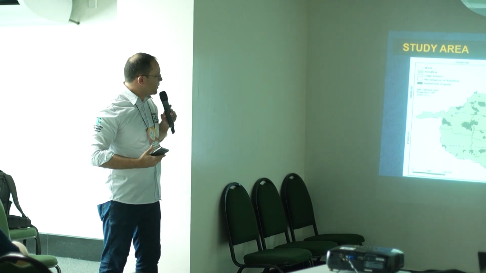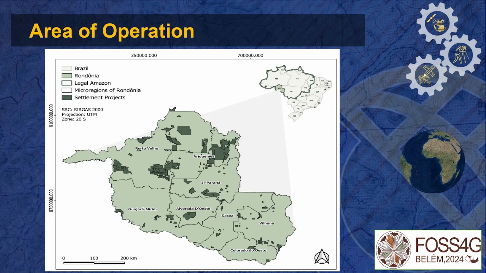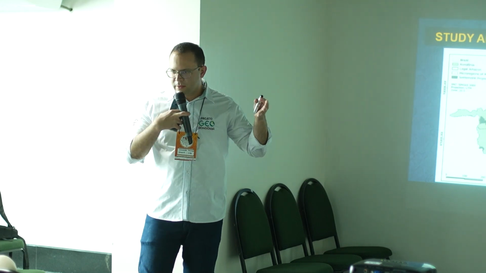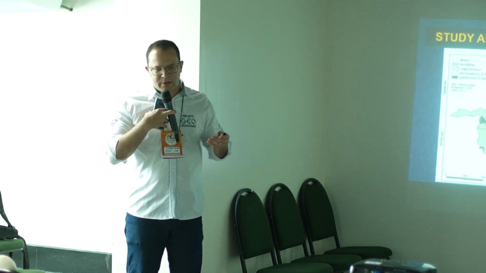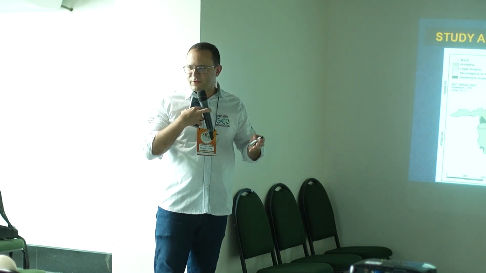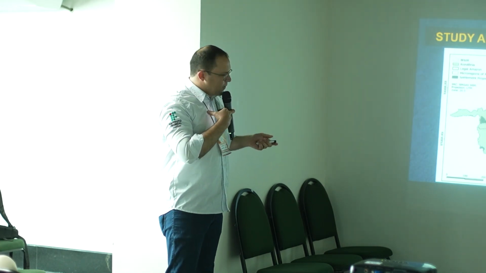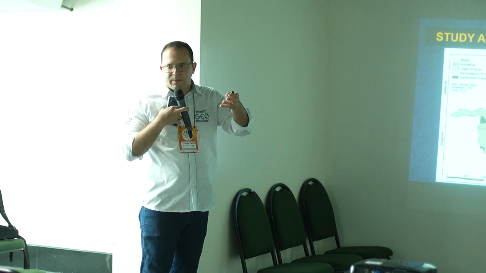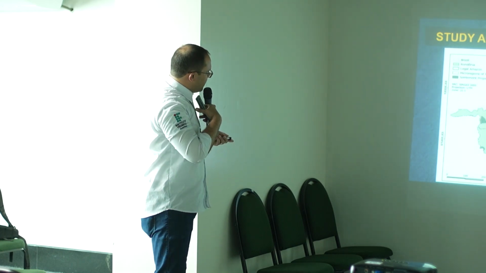So our study area is the whole state of Rondônia in the Amazon. Here you can see the state and the settlements projects. Settlements projects distribute areas for locals who use that land to plant, for agriculture and livestock, and they are federal union properties, but distributed to the people.